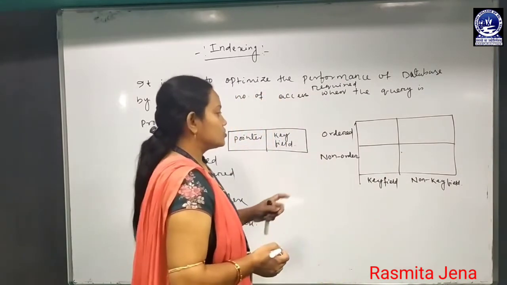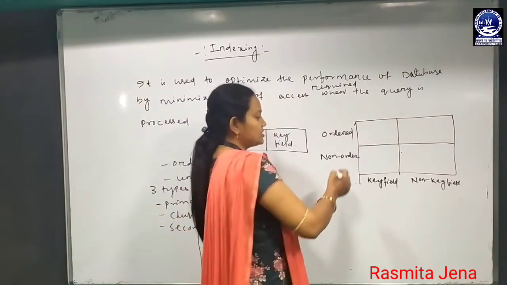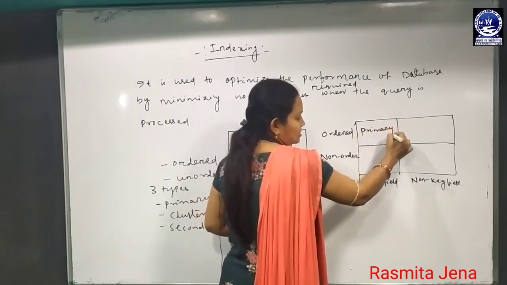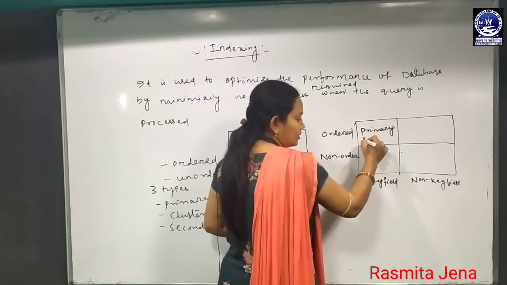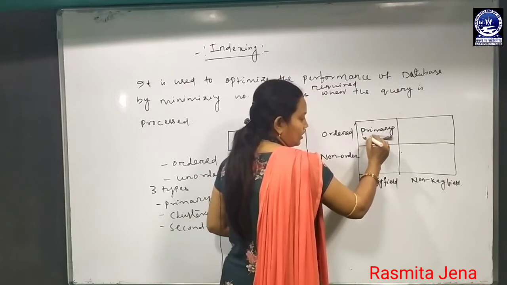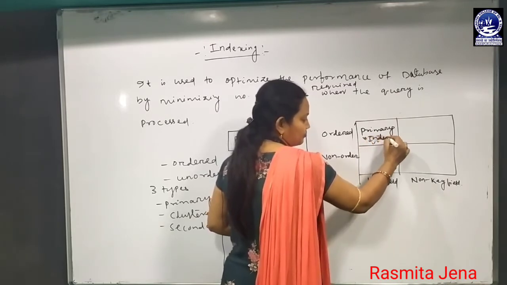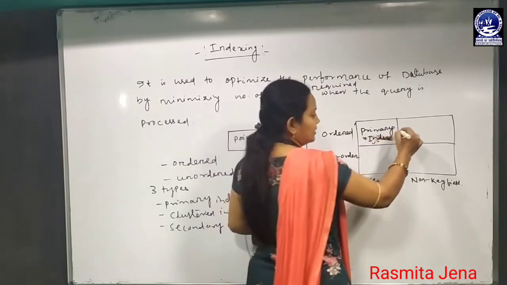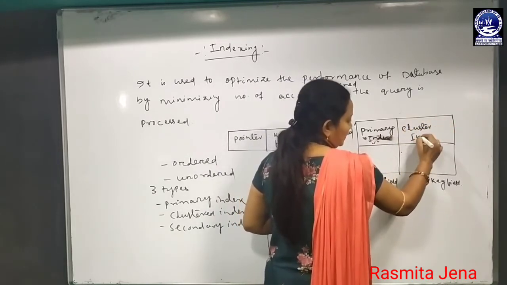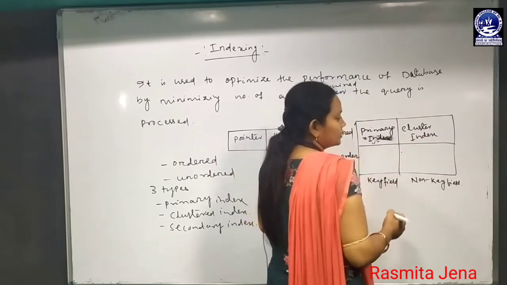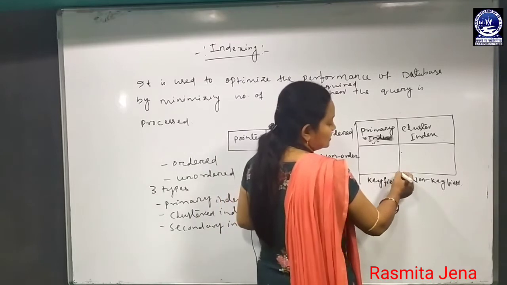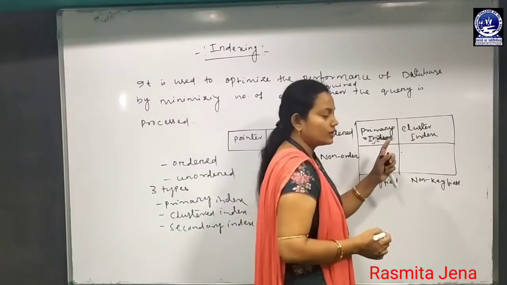In primary index, the file must be ordered and we need a key field to search a particular record by using indexing. In clustering index, the file must be in order, that is, the data stored in the hard disk must be stored in order, and it does not need a key field to search a particular record.